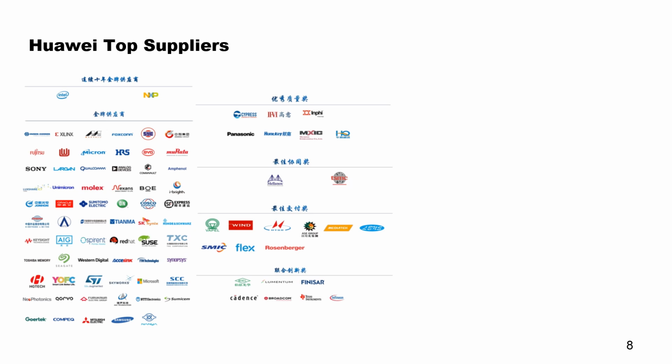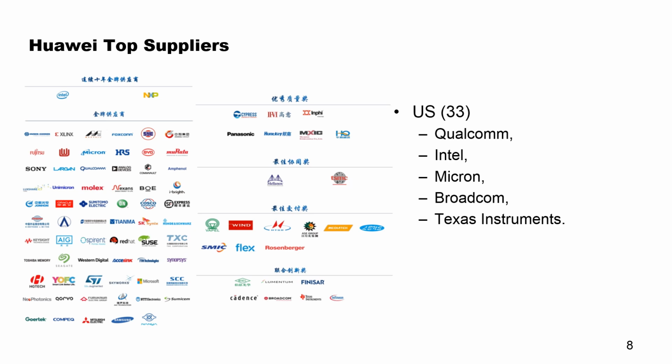To exemplify BPI, let's consider Huawei and its purchase of semiconductors. Huawei is one of the biggest communication equipment manufacturers in China. Its top global suppliers include 33 US companies, such as Qualcomm, Intel, Micron, Broadcom, and Texas Instruments.